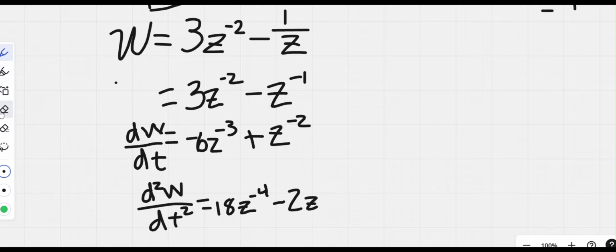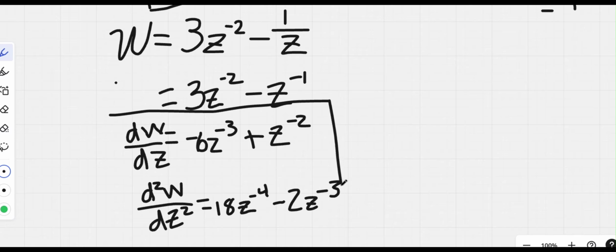Okay, this t should be a z. Just notice that. All right, back to the problem. 18z to the negative 4 minus 2z to the negative 3 is going to be our second derivative. We'll box our answers.